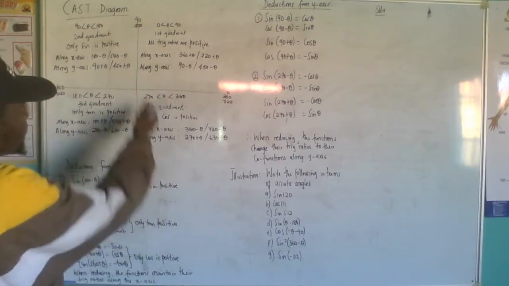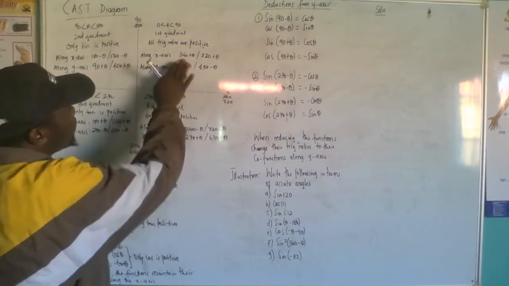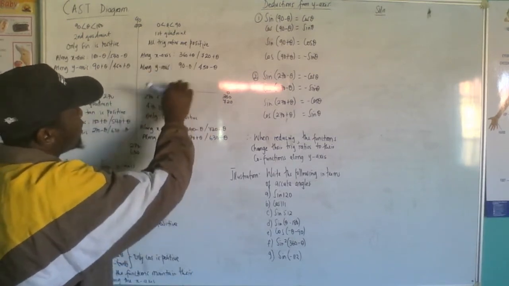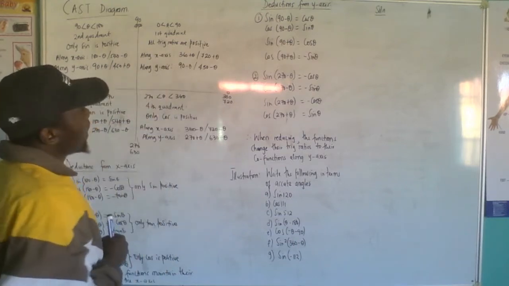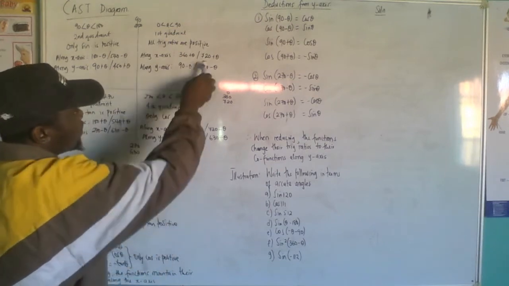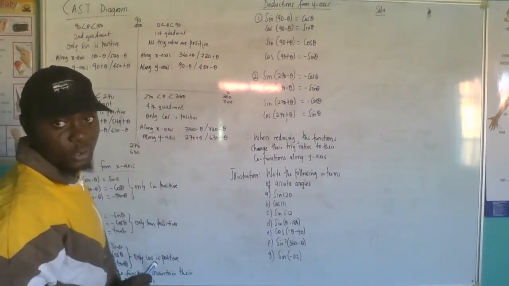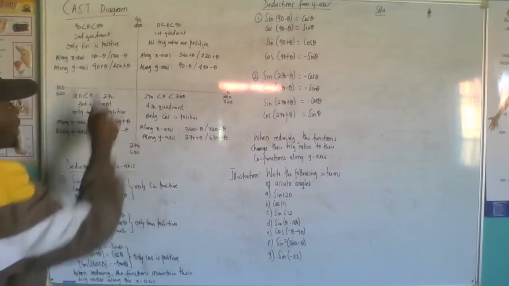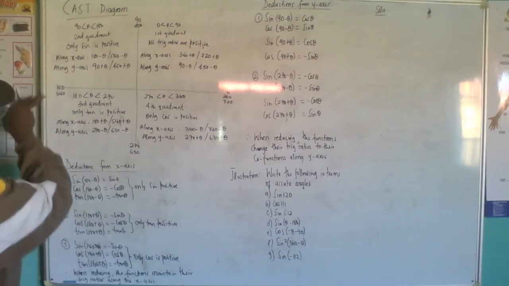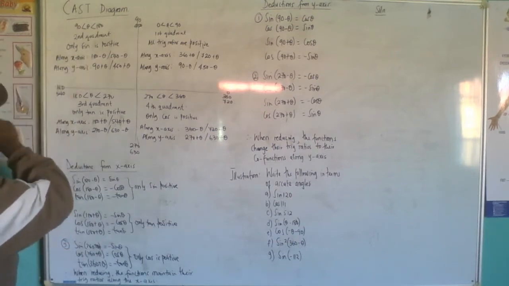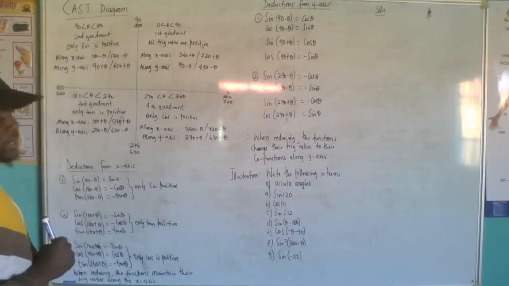Along the x-axis, we will take 360 plus theta, that is in the first quadrant, or 720 plus theta. This 720 comes in when you have the second revolution. In the second quadrant, you have 180 minus theta, that is 180 along the x-axis minus theta, or 540 minus theta.